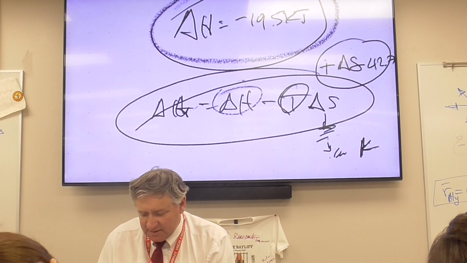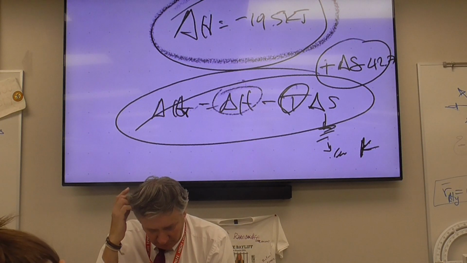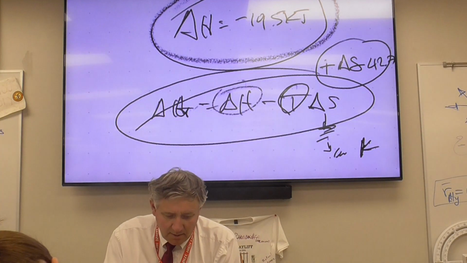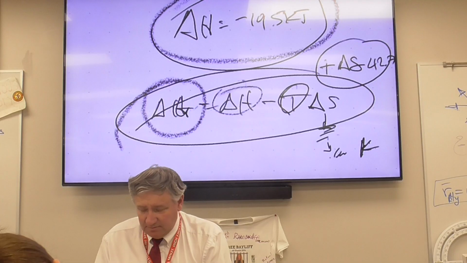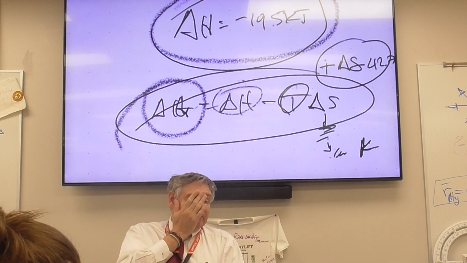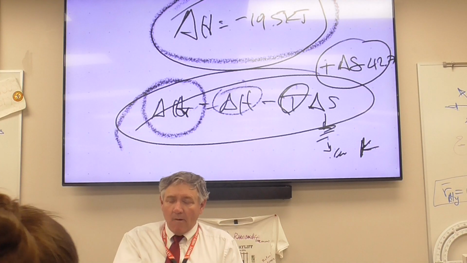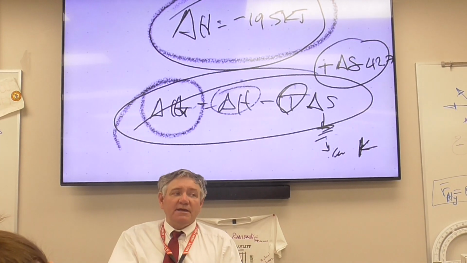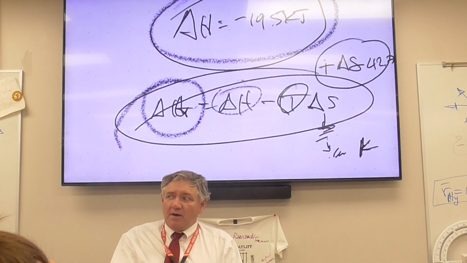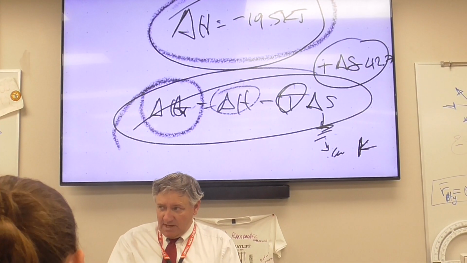Now, let's talk about this. All delta G tells you, if it's positive or negative, is if the reaction is going to take place, okay? That's all. It doesn't tell you anything about the rate at which the reaction is going to happen.